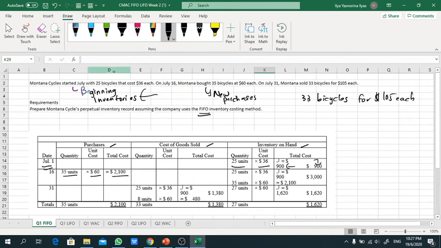Because we didn't sell this yet, we include it in our inventory on hand. We add these two numbers, we get 3,000. Then we sell 33 bicycles, because we are using FIFO, first in, first out.